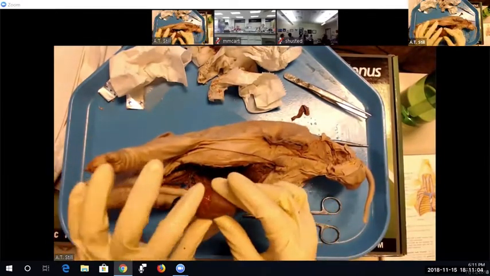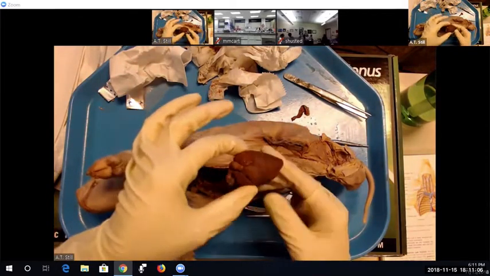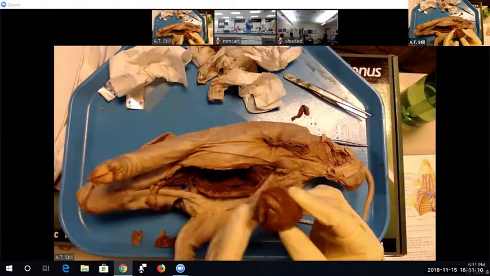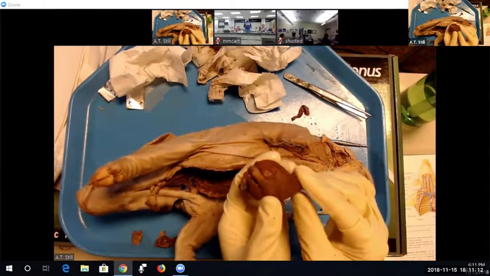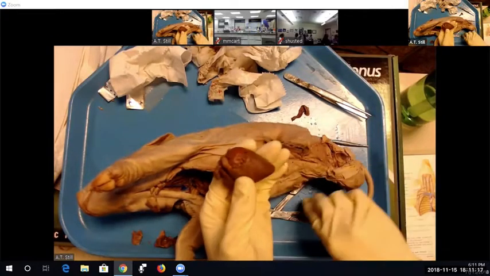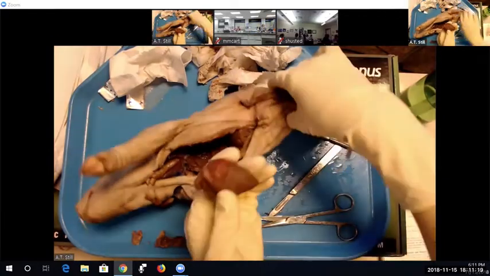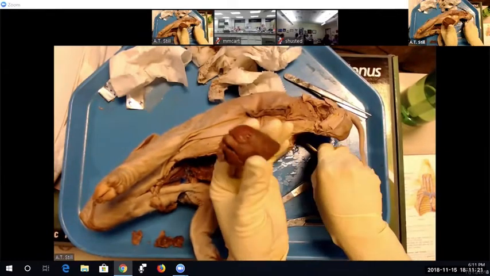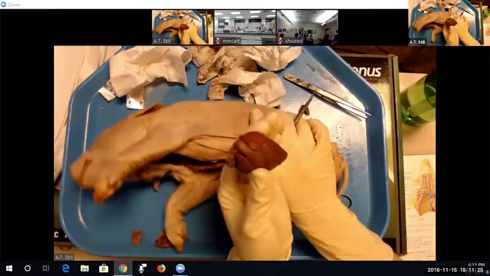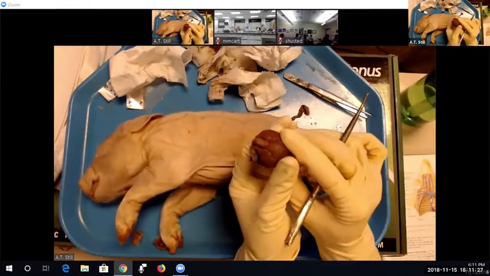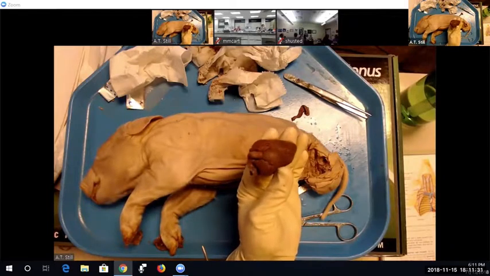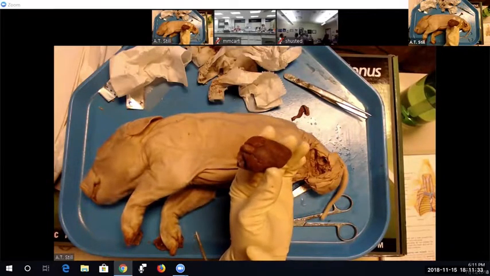Okay, so now we'll move on to looking at the heart. So we'll just identify some features of the heart real quick. Okay, so this is how the heart was in the chest of the pig.